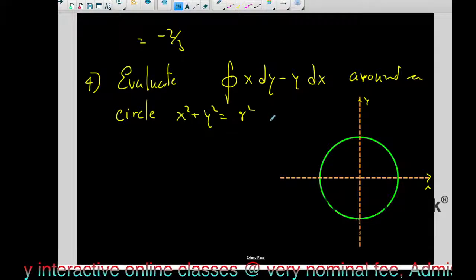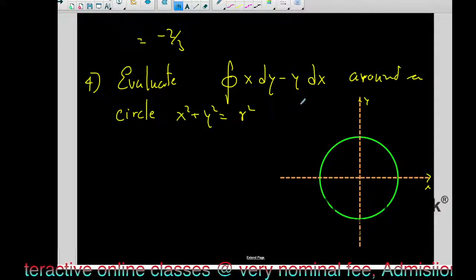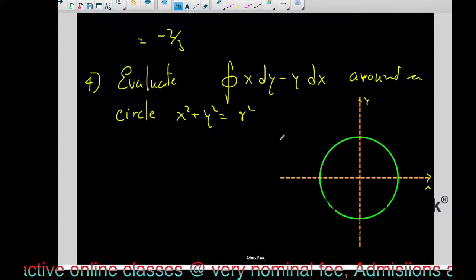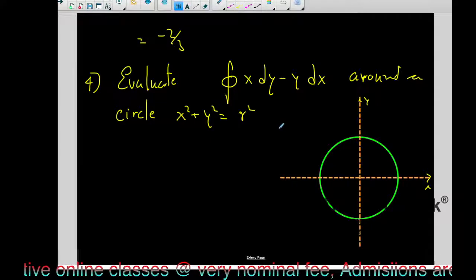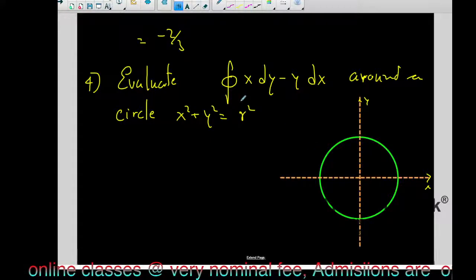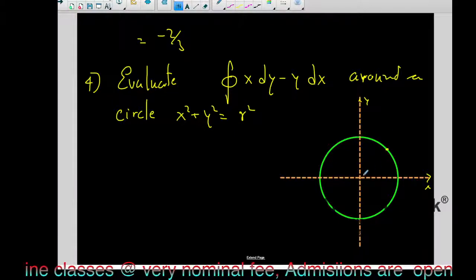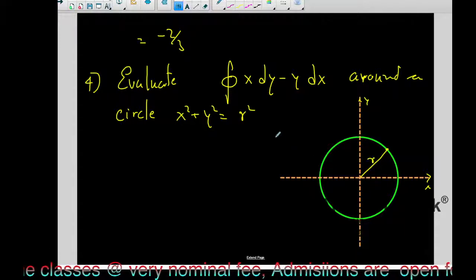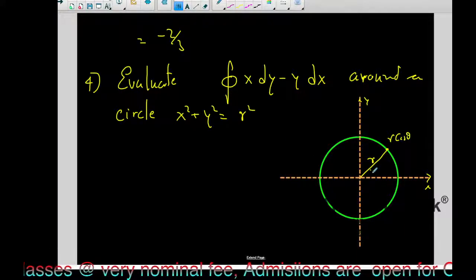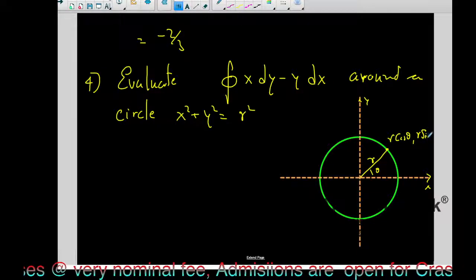Here what you have to find is the integral of x dy minus y dx around the circle. Let C denote the circle, the curve. Let r be the radius of the circle. The parametric coordinates you have to select are r cos theta and r sin theta.